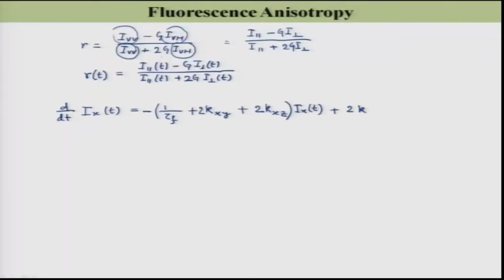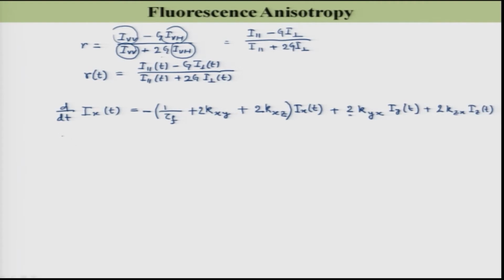So, I will write plus 2 k y to x, the rate constant of reorientation from y to x, and this 2 I have written again because of clockwise and anti-clockwise, times I y t, plus from z to x, 2 k z x I z t. I can write this.